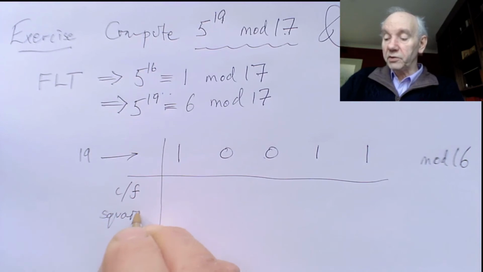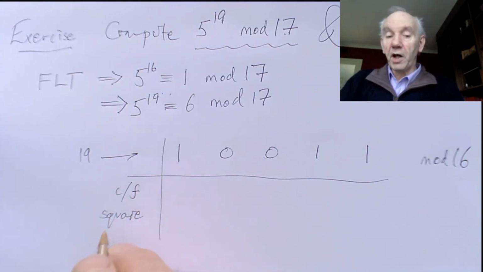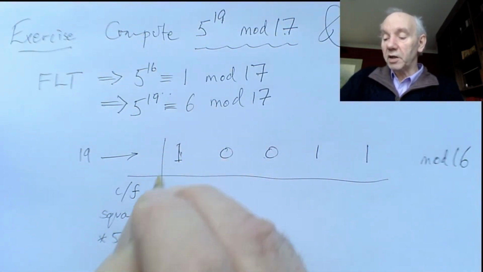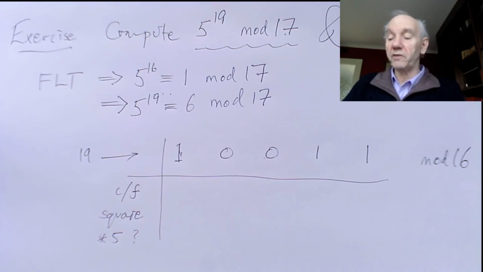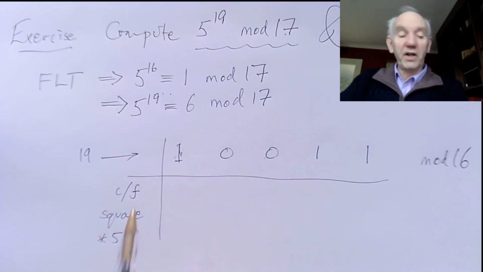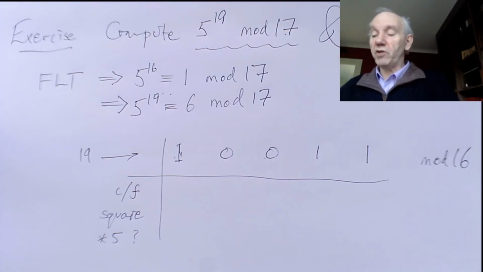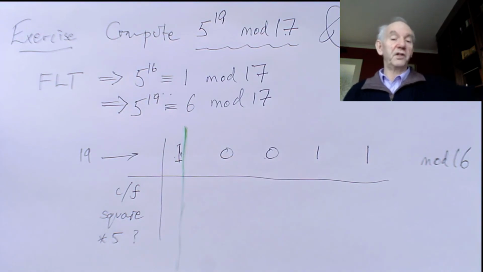That always happens. And then the third row is multiplying by x, which in this case is 5, if the column is topped by 1. So I'll put multiply by 5 question mark. You have to ask if there's a 1 there. But I'm going to forget about the first column now you've seen the method, because that was really just part of the theory in some sense. So we're not going to worry about the first column.